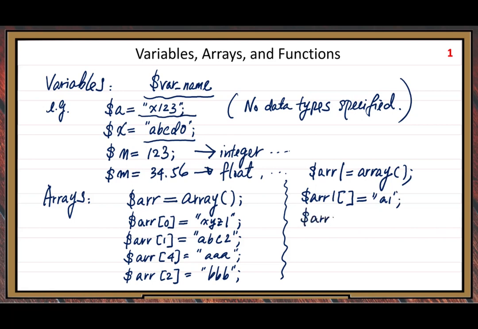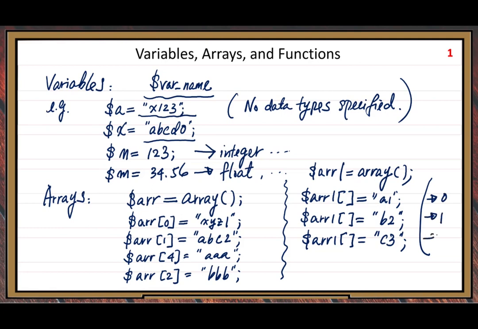In this way, let's say A1, B2, C3, and so on. Internally, this corresponds to array index 0, 1 and 2, automatically increasing the array index by 1, starting from 0.